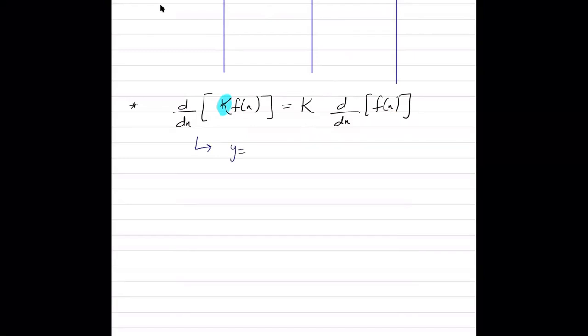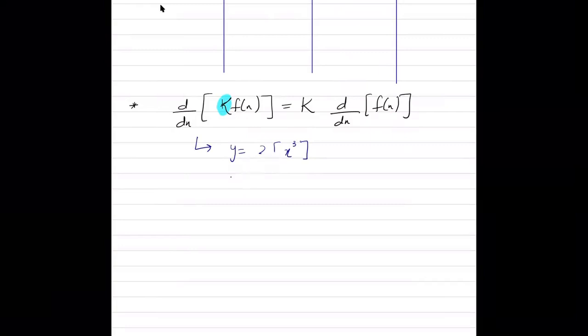y equals 2x cubed. So for finding dy by dx, I can just take this 2 out. Okay.